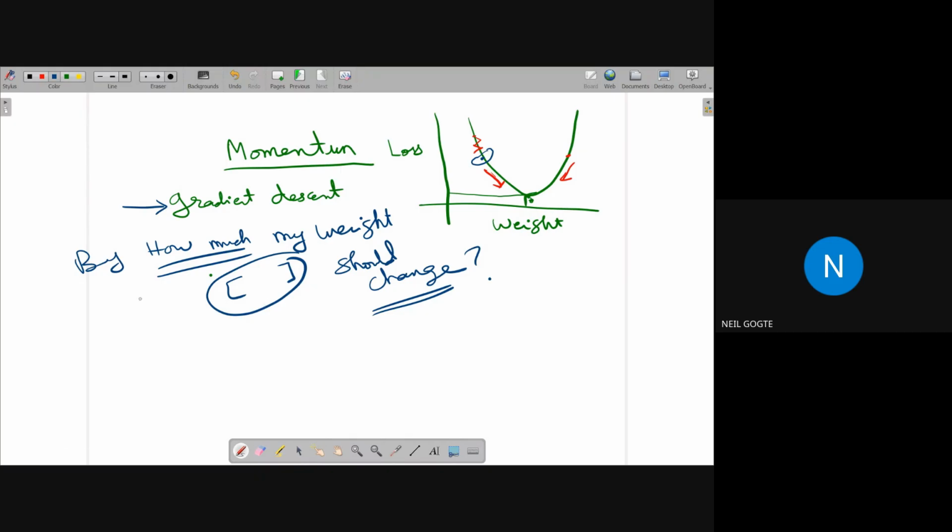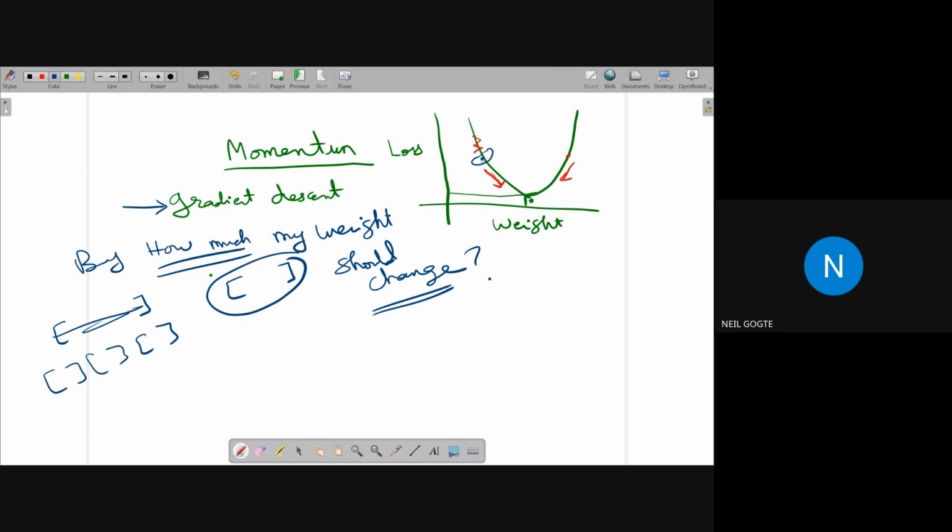But whatever gradient of the slope I have descended with, whatever has happened with the past batches, has also gone into where I am at this stage.